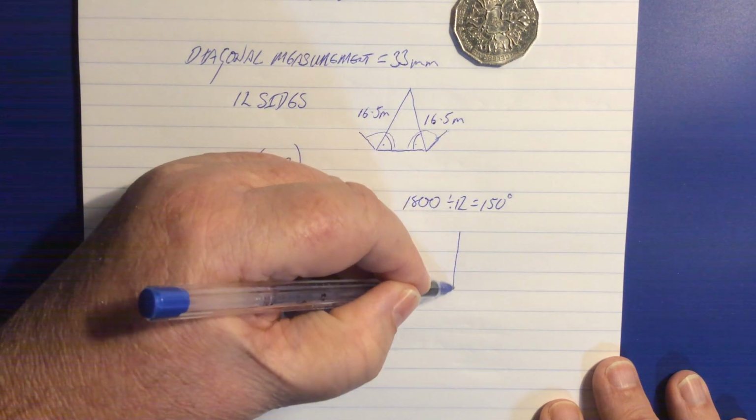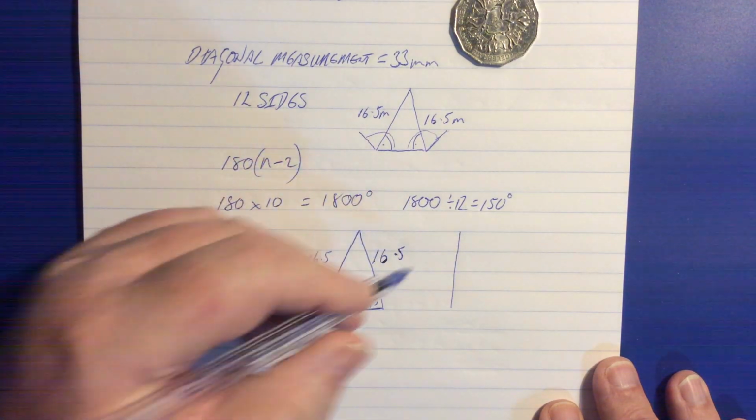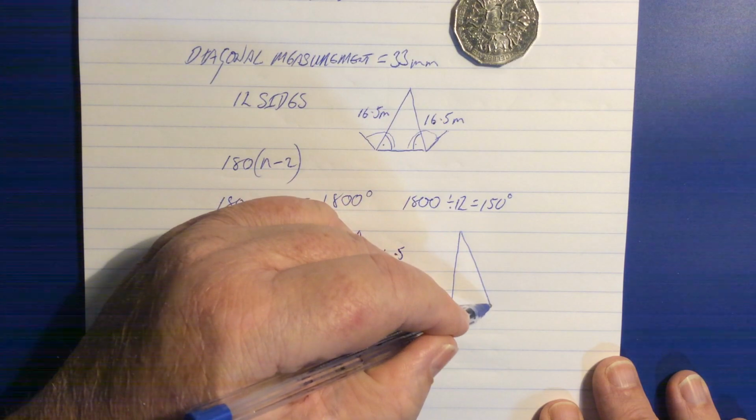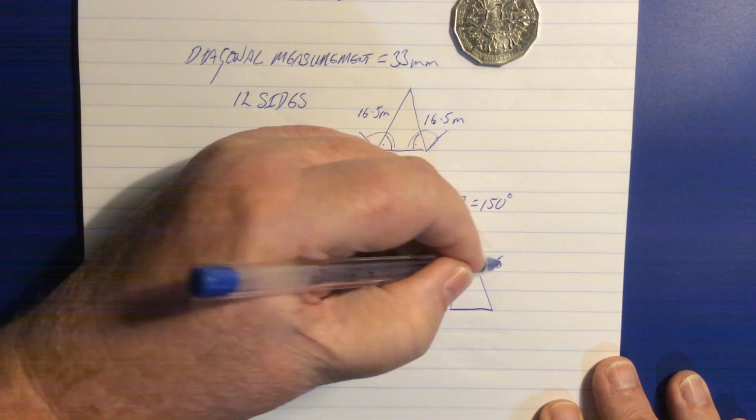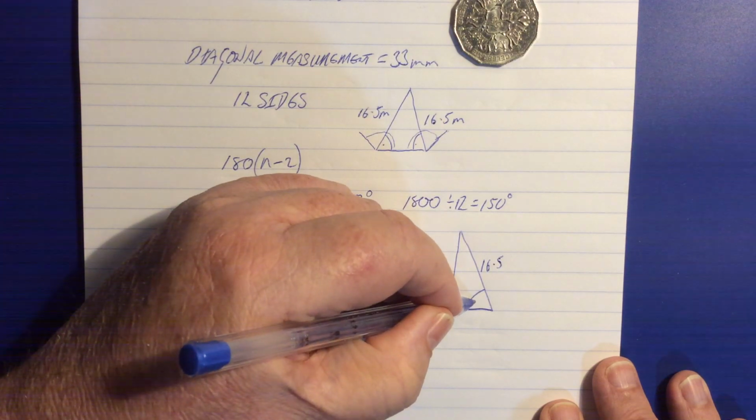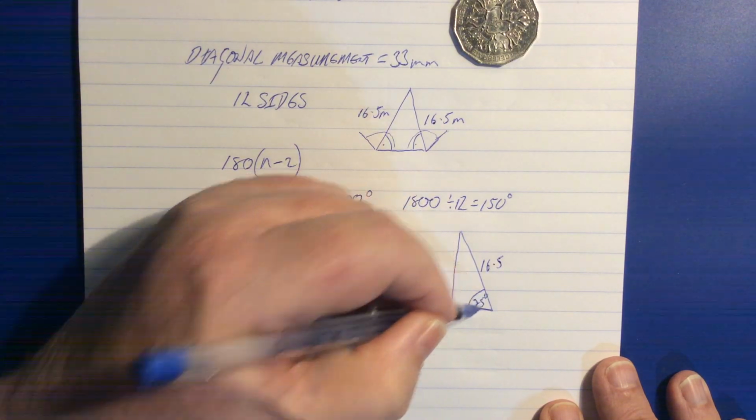If we split this triangle, what we get is 16.5 there and 75 degrees there.